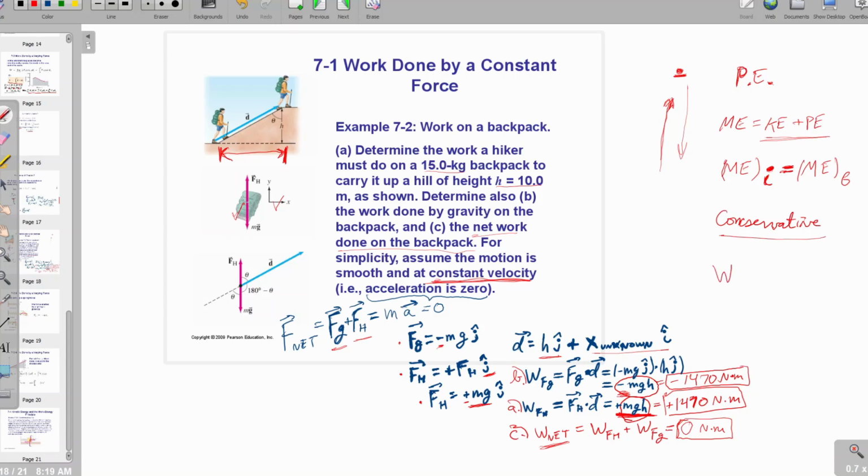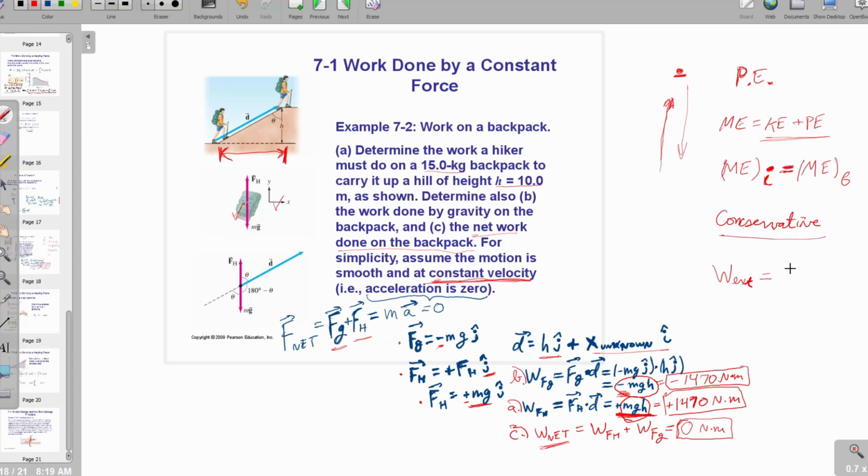Now, the way that you calculate potential energy is to calculate the amount of work that an external force would have to do on a system in order to bring it from one location to another. So you know the definition of work.